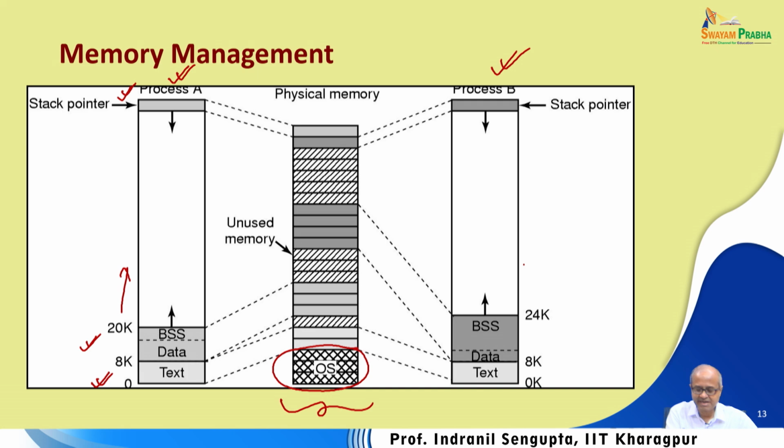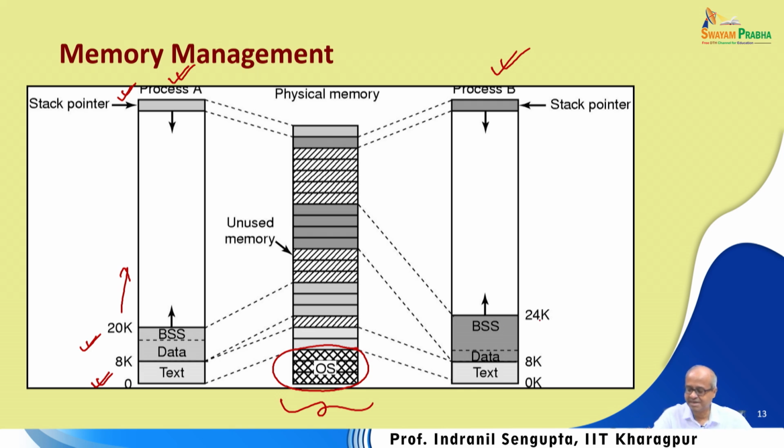Now, the text area for this process will be mapped somewhere. They all get mapped. Initially when you do a fork, the text area gets mapped here, the data area gets mapped somewhere, and the stack area will get mapped somewhere. So, they will all get mapped somewhere in memory. Some memory may be occupied, some memory may be unused.